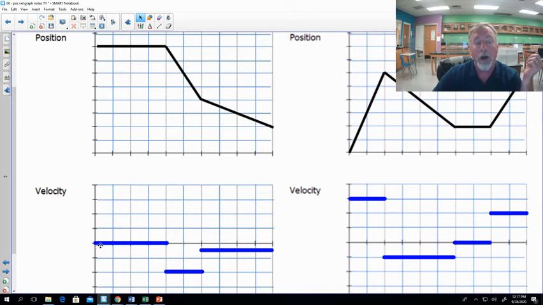And that's why our velocity pieces here are simply straight, horizontal lines. They're constant, with a 0 slope. Constant velocity means it has the same value, so it'll be just a horizontal line at that value. Okay, I want to contrast that when we talk about acceleration soon.